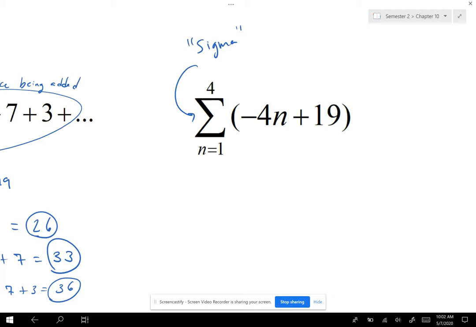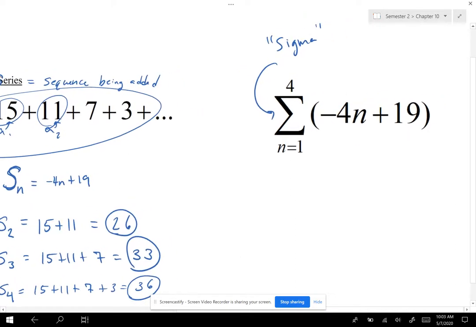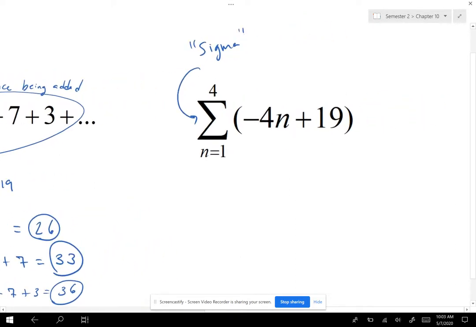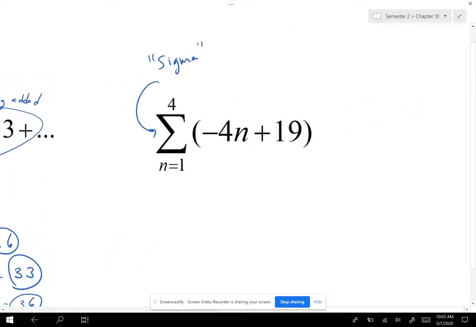And if you have siblings or parents who used to be in fraternities or sororities, you might have seen these on their letters, on their symbols, on any apparel that they have from those fraternities or sororities. So it's sigma. It's not E. There is a Greek letter E that looks just like the English letter E.